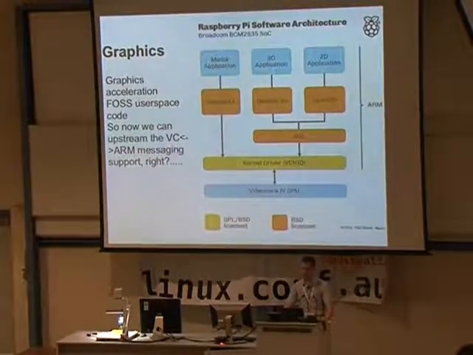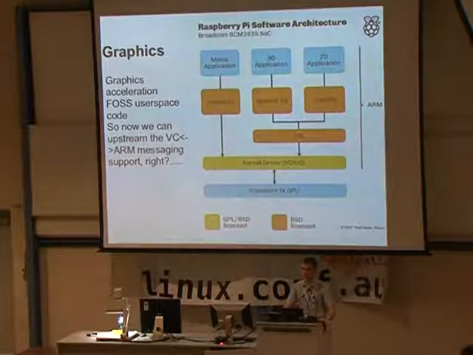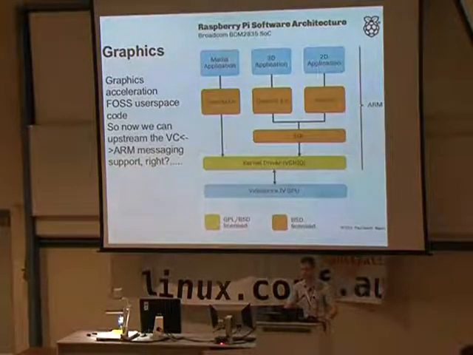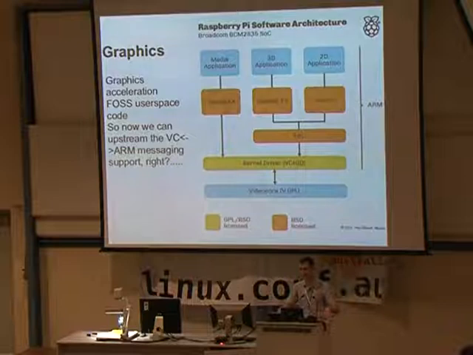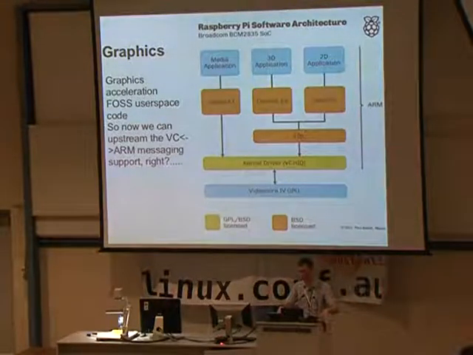So regarding the graphics stack, we had an announcement a few months ago that all the user space code would be open sourced, which was a part that was previously not FOSS. So the current situation is that everything which runs on the ARM is free and open source software.